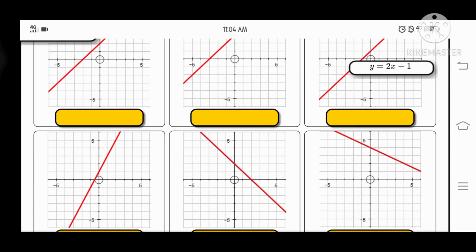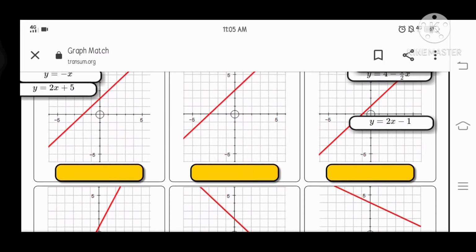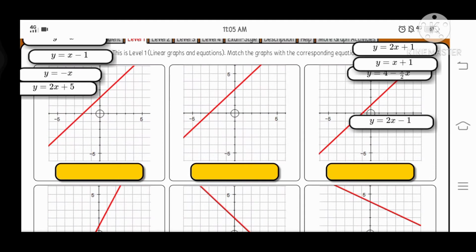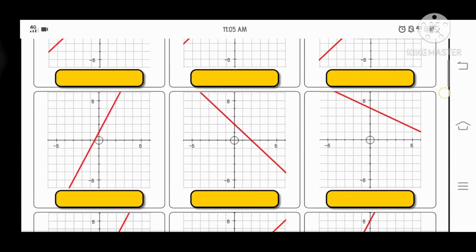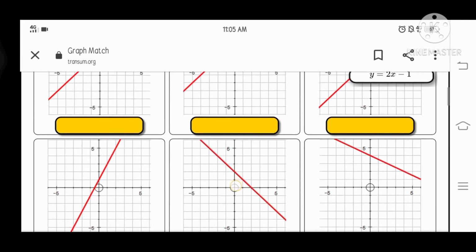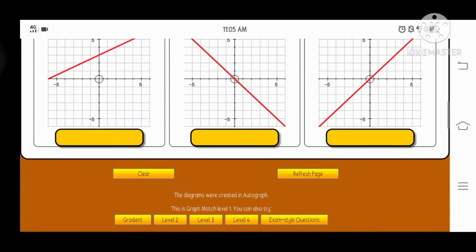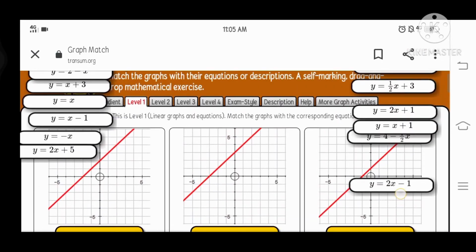Like I mentioned before, when the straight line goes upward like this, it is positive, and when it goes down like this, the gradient will be negative. So you have to identify all of these questions.